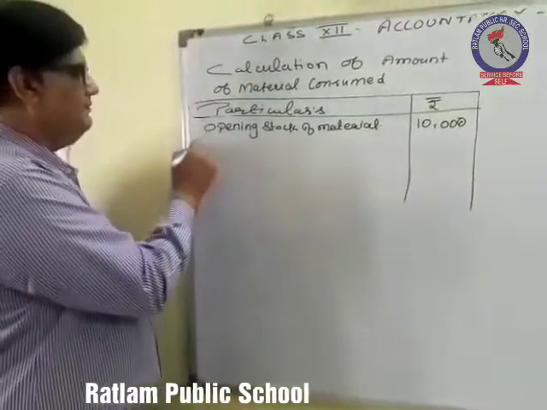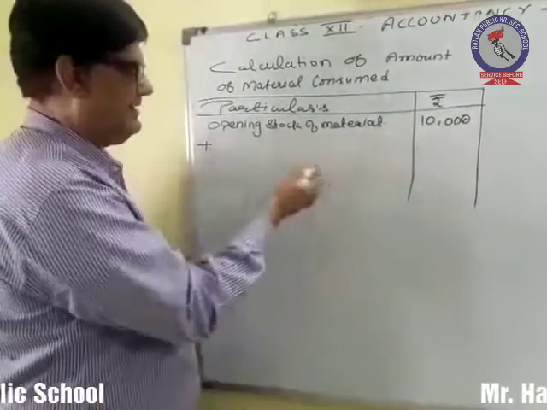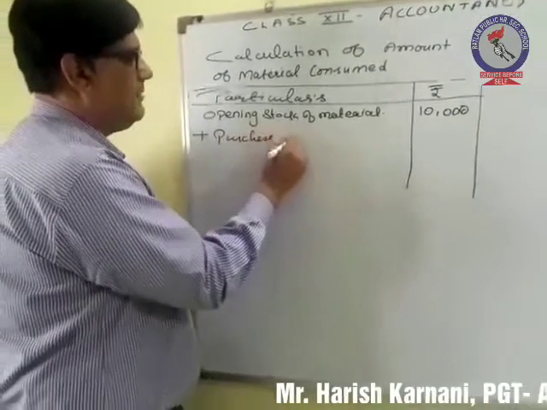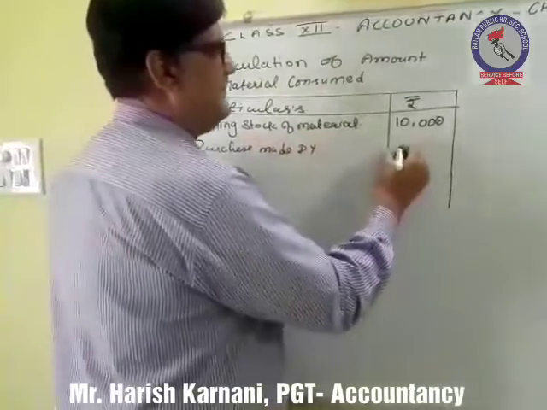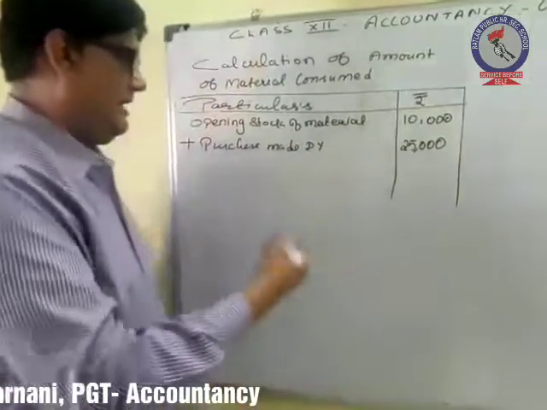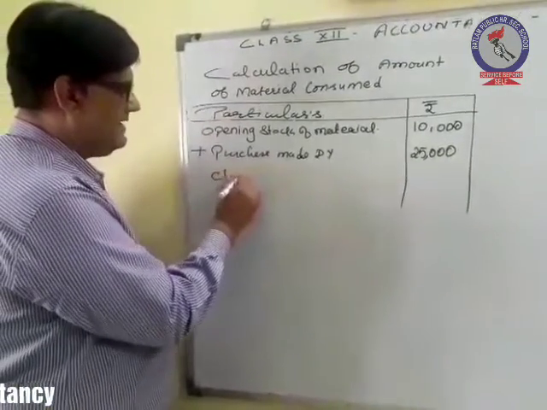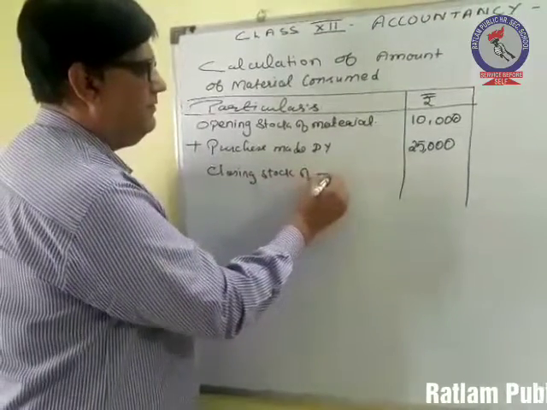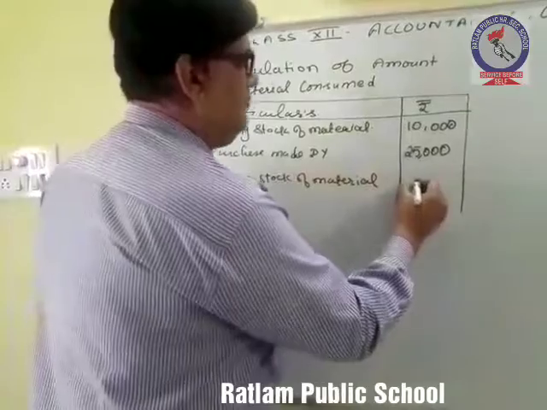During the year we have made the purchase of the material. So purchase made during the year is worth rupees 25,000, and at the end we have the closing stock of material, that is 5,000.